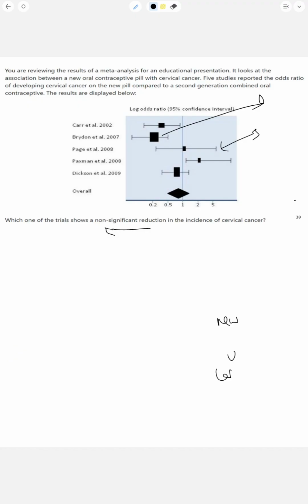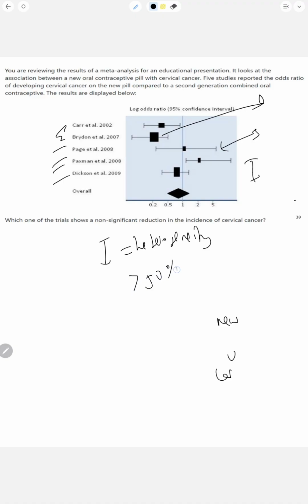Or probably one more thing you might be asked is about the I value. So I is generally heterogeneity, right? Meaning how similar were these individual trials compared to each other for us to make a conclusion. Generally speaking, anything greater than 50% means significant heterogeneity, meaning the trials were not very similar. So whatever we're concluding has to be taken with caution, right?